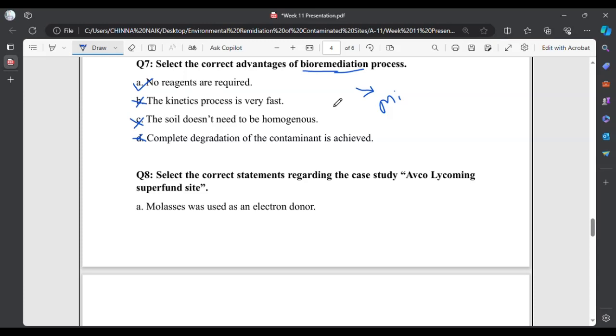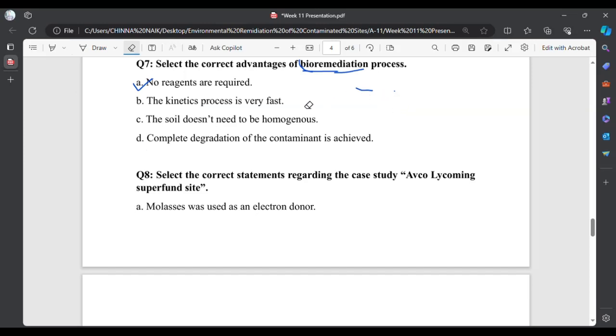When it comes to mineralization, microbes can completely degrade. But bioremediation we can consider as partial degradation, not complete degradation. So the answer for this question is A.